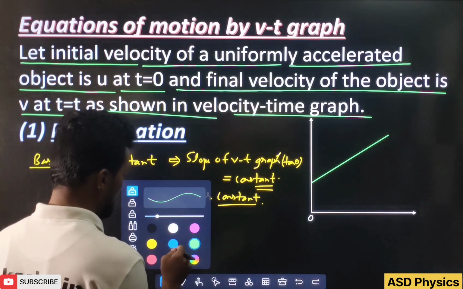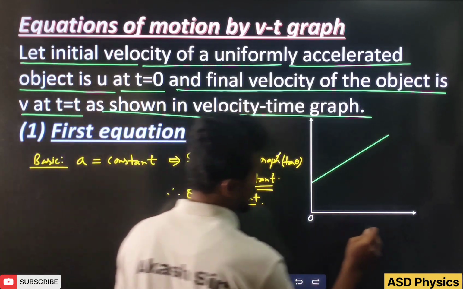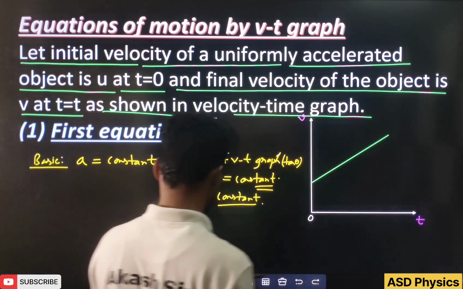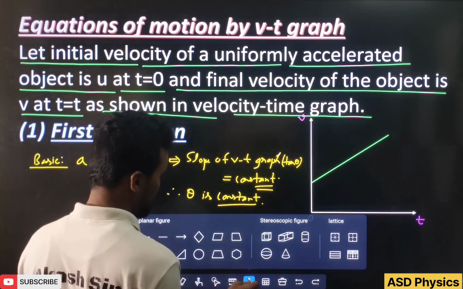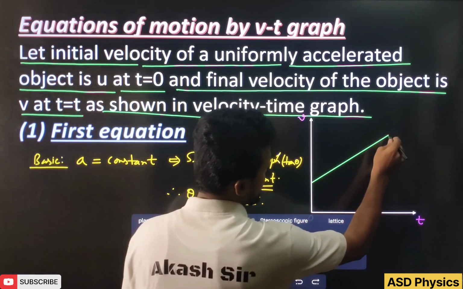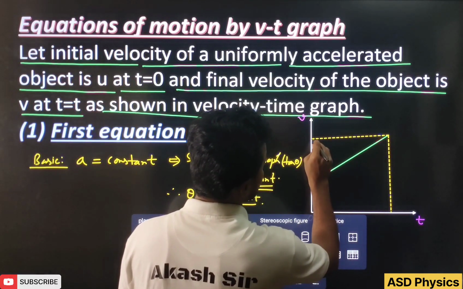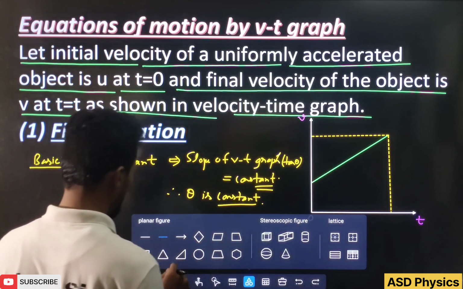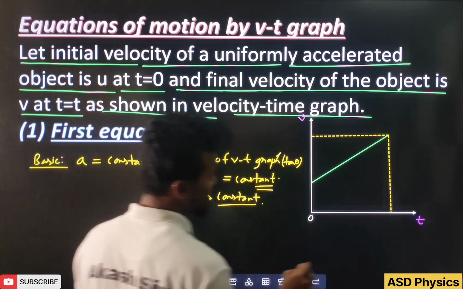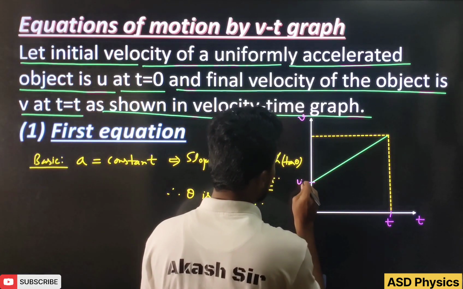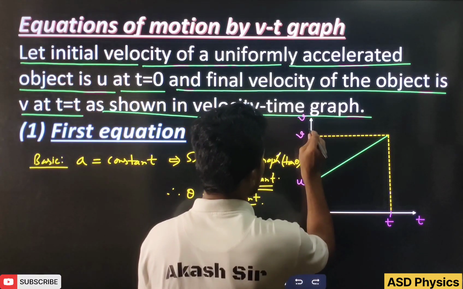Okay. On this side is time, and on this side is the velocity. This is the time t, this is the initial velocity u, and this is the final velocity v.